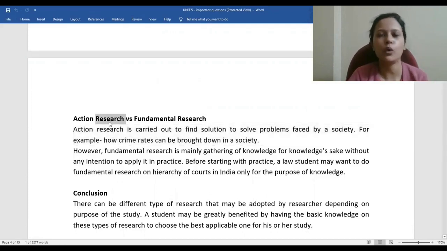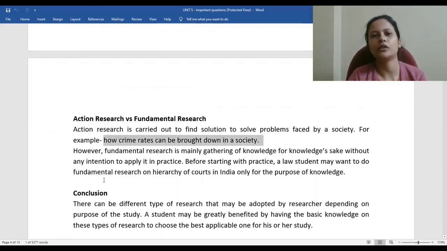It is not to obtain a degree or to do research only for the purpose of submitting an assignment, but rather to take some action. For that, some research may be done, like how crime rates can be brought down in society. Whatever the findings are, those are put into reality. That is nothing but action research.